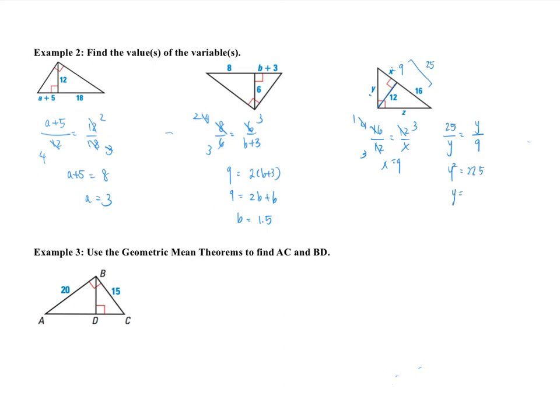So y would equal 15. And then the next one will be 25 to z, and then z to 16. And 25 times 16 is 400, and z would equal 20.